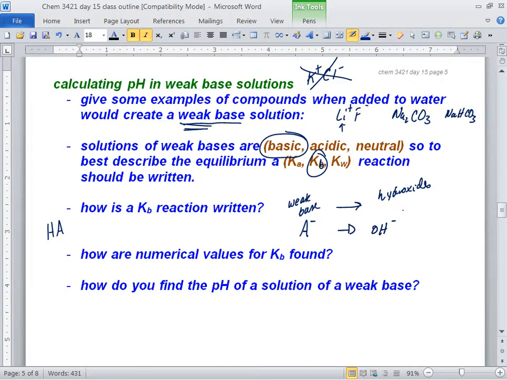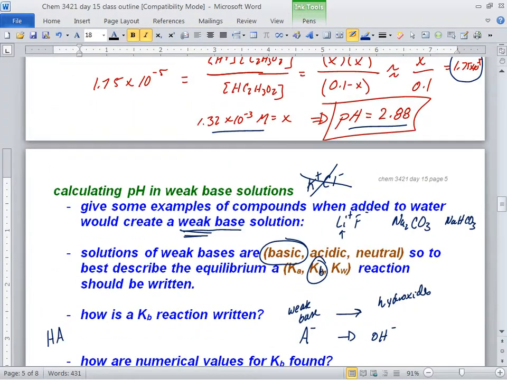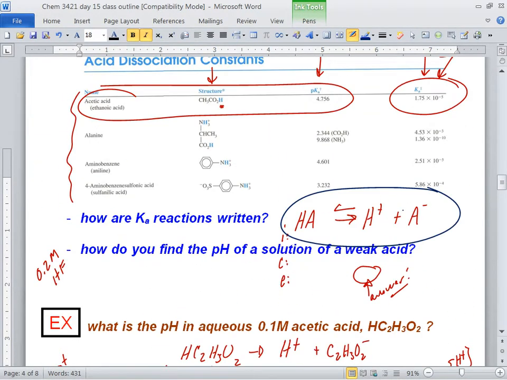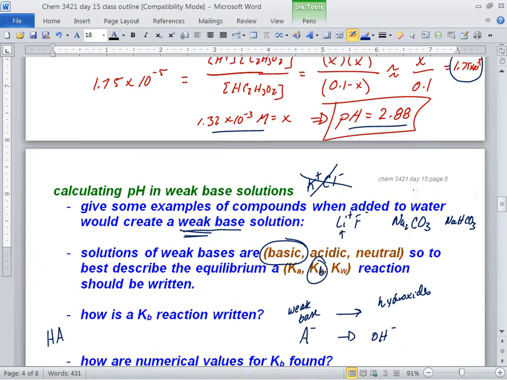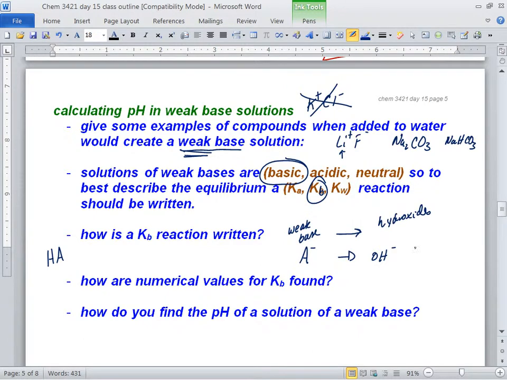Now to make this whole thing work, that weak base grabs a proton and makes the conjugate acid, right? Because they both have to be there, just like in our Ka, the conjugate acid-base pair are both there. So we need our HA here. On this side, we've got an H, the conjugate acid, and an OH.